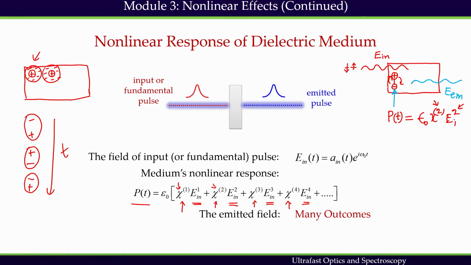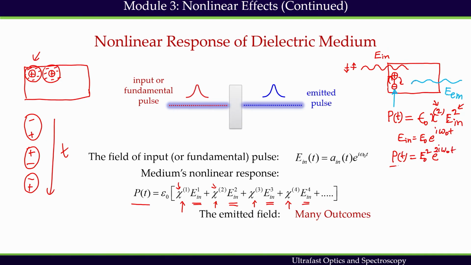This is the input beam. If I express the input beam as E naught e to the power i omega naught t, let's say a monochromatic plane wave, the same is true for the pulse as well, then P(t) equals E naught square e to the power i 2 omega naught t.